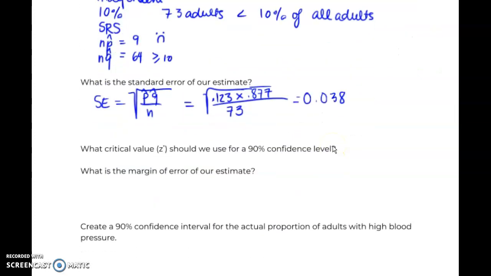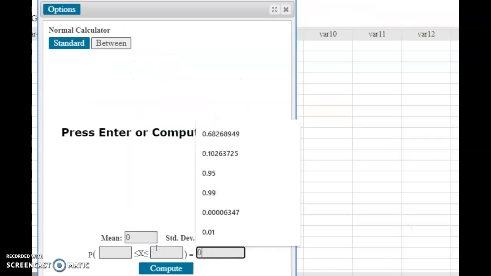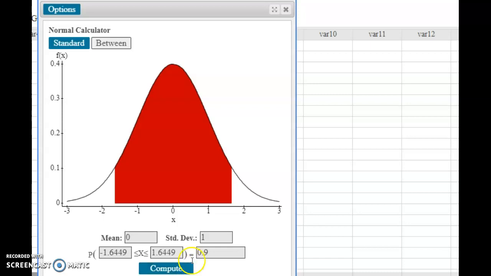What critical value should we use for 90% confidence level? Well, let's look at the middle 90% on a z-score table. Changing our probability to 0.9, again using the in-between curve, we used a positive value of 1.64, or oftentimes this is rounded to 3 decimals at 1.645.